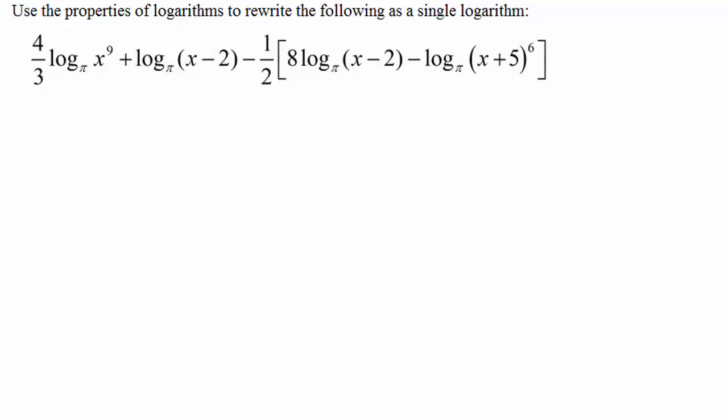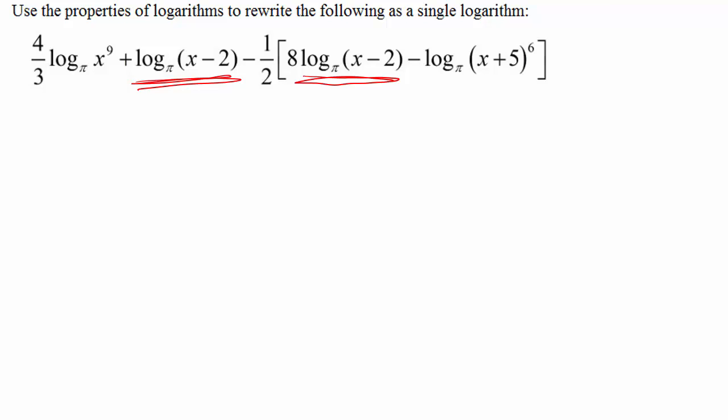Now ordinarily I would start using the order of operations and do what's inside parentheses first. However, I notice that we have a log base pi of x minus 2 inside the parentheses here, and a log base pi of x minus 2 happening outside of those brackets.